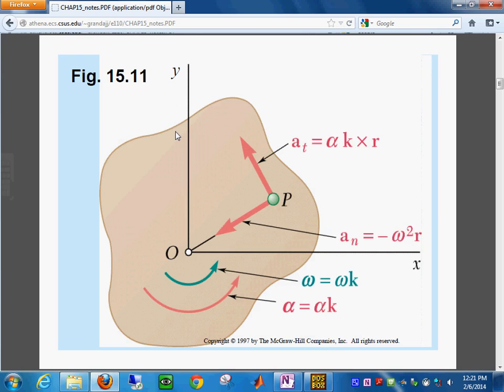Here is a representation of what the acceleration would look like. The acceleration is the derivative of the velocity vector, and the tangential acceleration would be alpha cross r, and the other one would be the normal, which is omega cross omega cross r, which produces this omega squared times r.